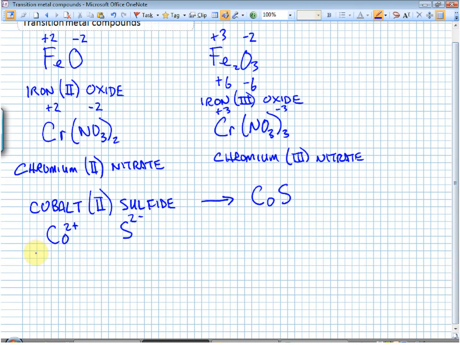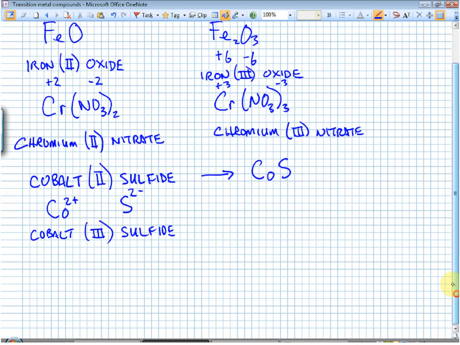You're probably not surprised. There is a cobalt(III) sulfide. Again, depending upon how we do the reaction, temperature, quantities of cobalt and sulfur, we can get a different compound. So there's a compound called cobalt(III) sulfide. How are we going to figure this one out? Same as before. The 3 tells us the cobalt is in the +3 state.